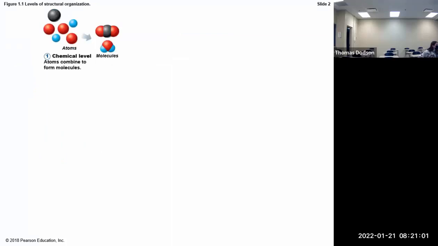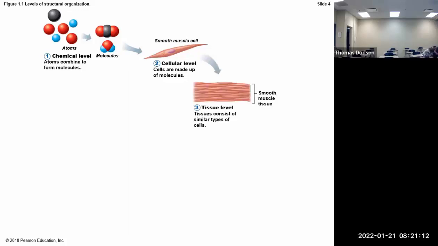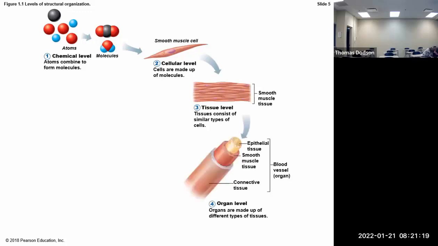So atoms make molecules. Molecules are put together to make cells. When you have lots of those cells, especially cells that do the same kind of function, they become tissues. When multiple different kinds of tissues function together, you get organs.